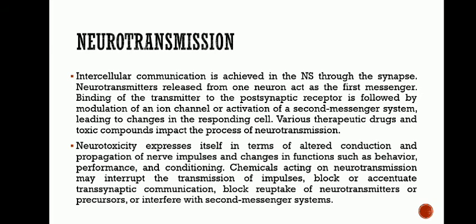Neurotoxicity expresses itself in terms of altered conduction and propagation of nerve impulses, and changes in functions such as behavior, performance, and conditioning. These chemicals act on neurotransmission, leading to interrupting the transmission of impulses, blocking or accentuating transsynaptic communication, blocking reuptake of neurotransmitters or precursors, or interfering with second messenger systems.